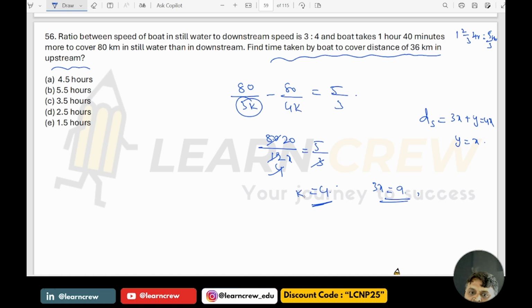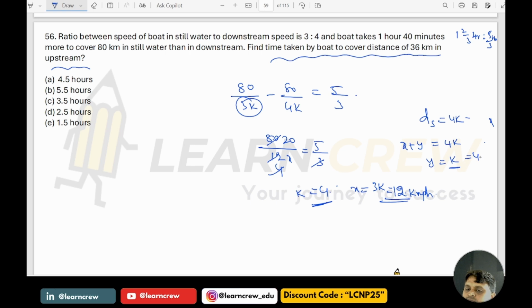Thereby you got k as 4. 3k is the speed of the boat in still water, which is 3 into 4, 12 kilometers per hour. And the downstream speed is how much? 4k. Still water plus stream speed is 4k, so the stream speed would be k.